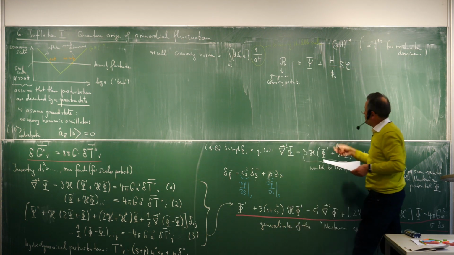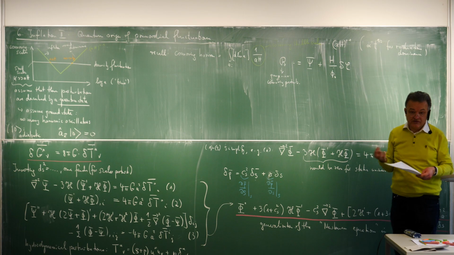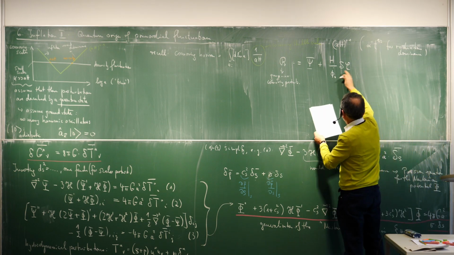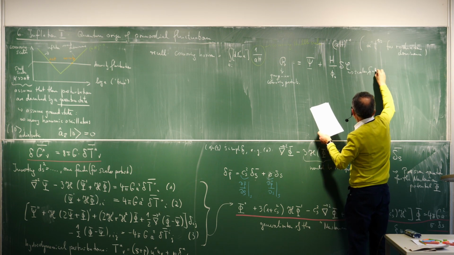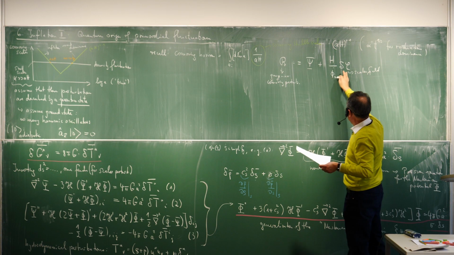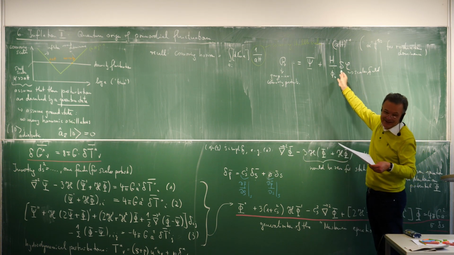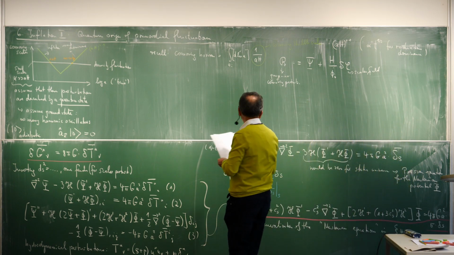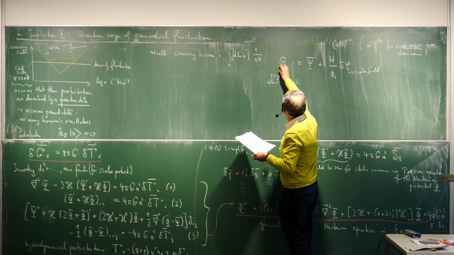So phi naught of t is the solution of the background, the evolution of the inflaton field, and this here is the perturbation of the scalar field. I want to avoid confusion with the potential, so I don't write a capital phi here. So yeah, this is one important definition here.